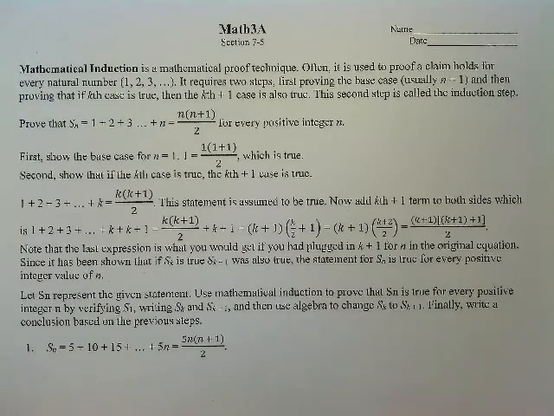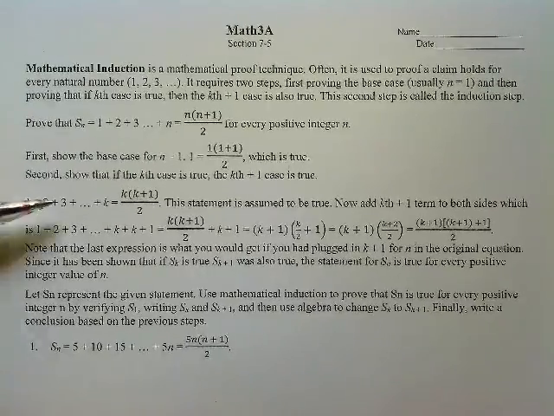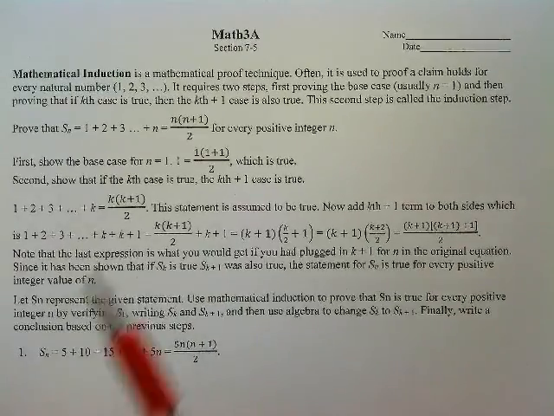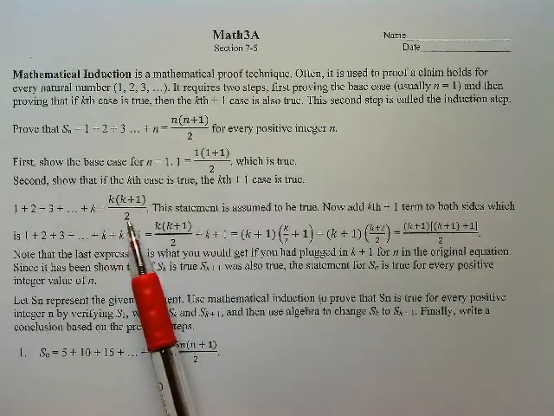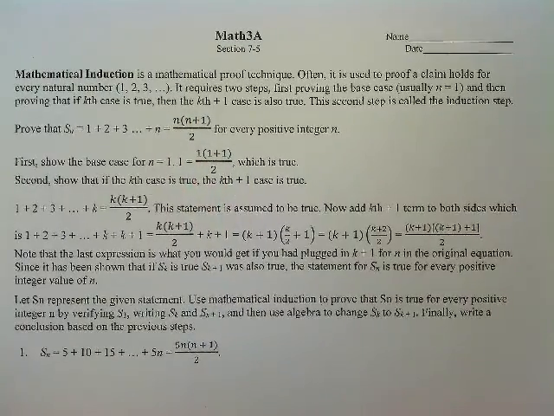So first off, if we use k for some number of n, so it's just a generalization of what n is, note that 1, 2, 3, 4 up to k needs to equal k times k plus 1 over 2. In other words, we're just using what we had right up there. So we're assuming that to be true.